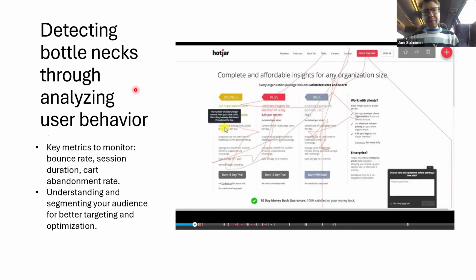And there's one useful tool called Hotjar. This is an example of trying to detect bottlenecks by analyzing user behavior. This tool can be installed in a similar way to Google Analytics, and it records how people use the website, and you can play a recording that shows how the mouse moves over time in a given user session.